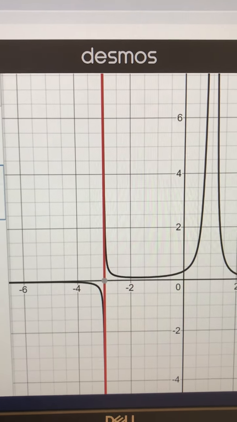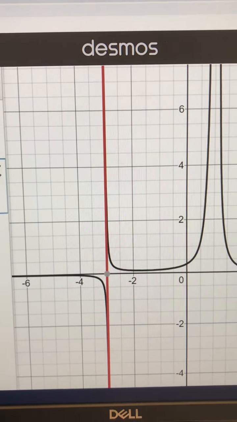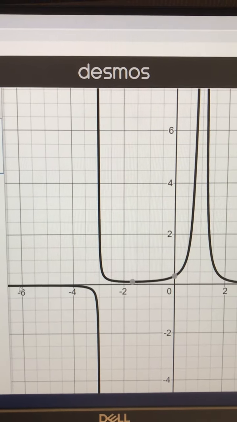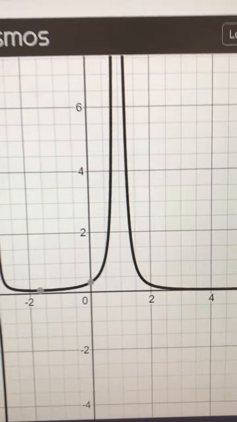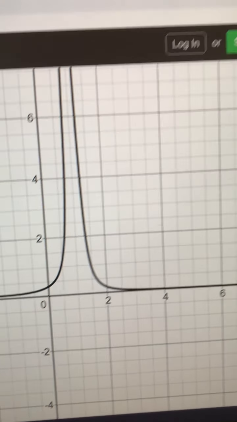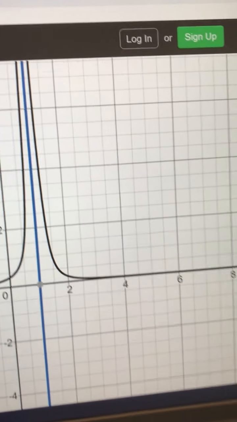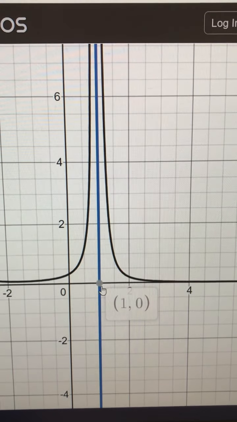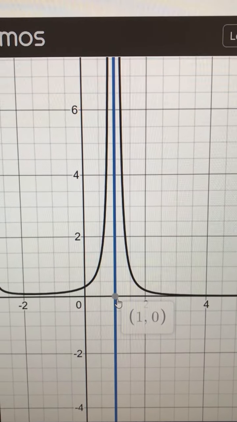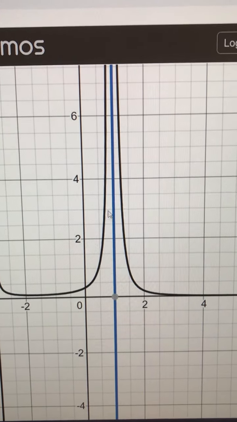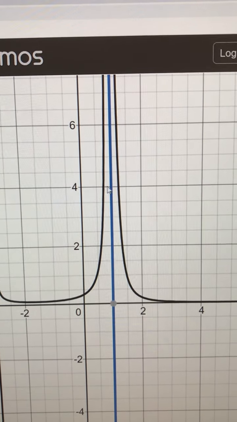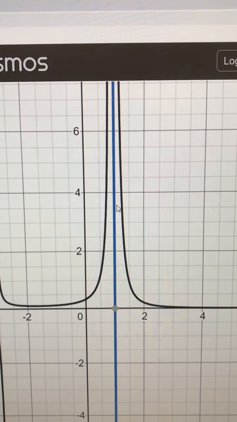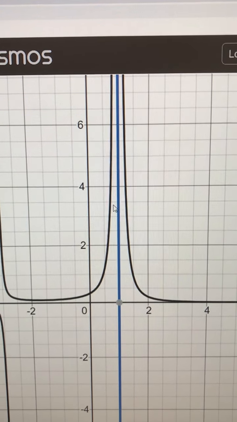We're not super zoomed in, so those lines do not stack on top of each other, but the function cannot cross that VA. So that's odd multiplicity going opposite directions. Now if you look over here at x equals 1, I just graphed that VA. X equals 1 had an even multiplicity, so in this case, both sides are shooting upwards. We knew that the graph was going to go the same direction because of even multiplicity.